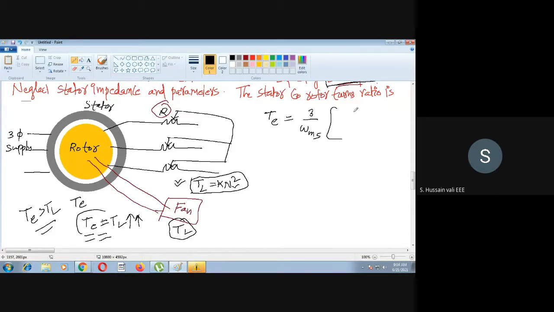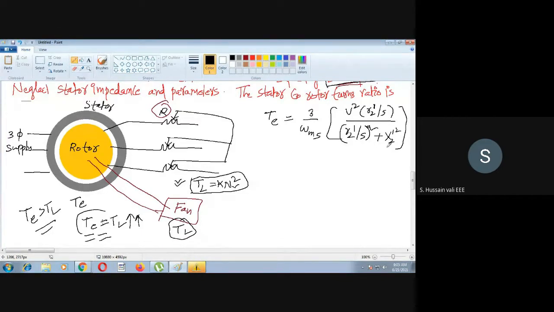If there is any mistake, you can correct that later also, no problem. I'm just writing these equations directly from the sources available. So R2 dash by S, whole divided by R2 dash by S whole square plus X2 dash square.